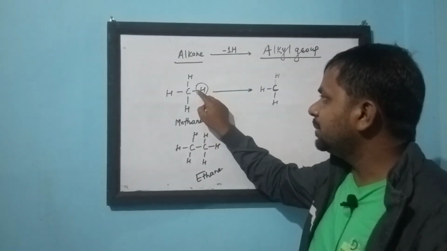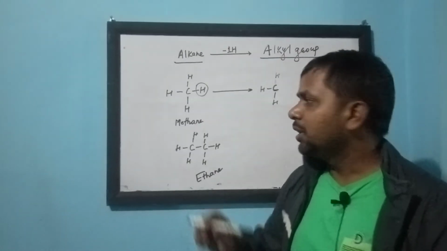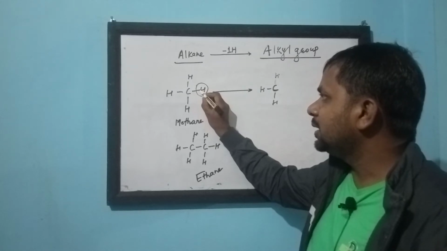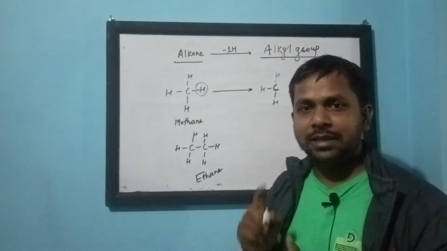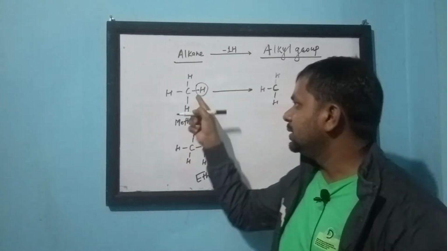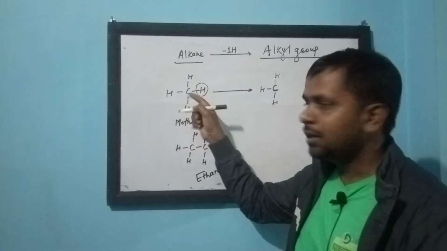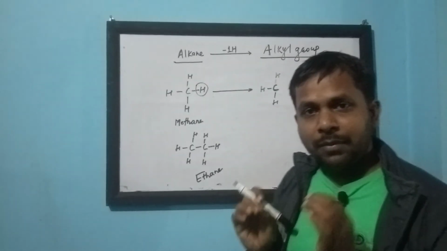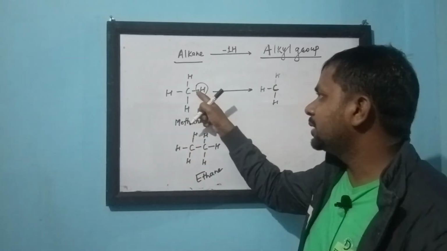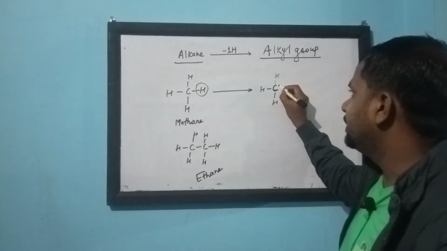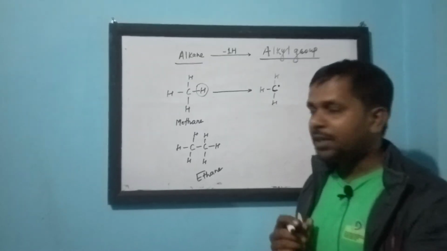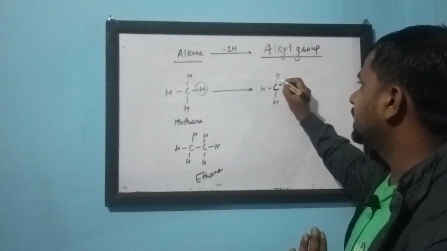It is connected by the single covalent bond. One electron is shared by carbon, another electron by hydrogen, and by sharing of one electron, this bond has been formed. And when hydrogen is removed, hydrogen will go by taking its electron, and one electron of this carbon will be left over with the carbon here. This becomes the alkyl group.